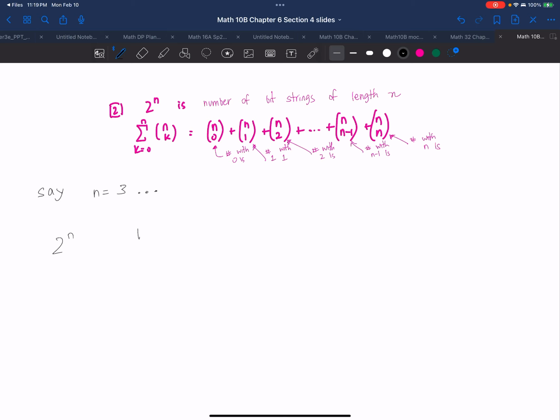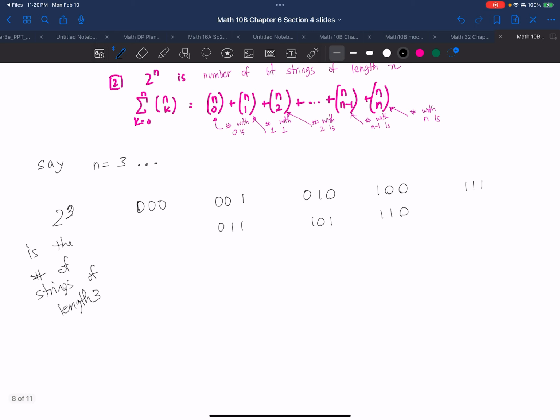So I'd have 0, 0, 0, 0, 0, 1, 0, 1, 0, 1, 0, 0, 0, 1, 1, 1, 0, 1, 1, 1, 0, and then 1, 1, 1. Okay. So 2 to the 3 is the number of strings of length 3.